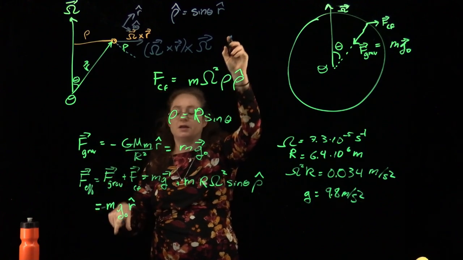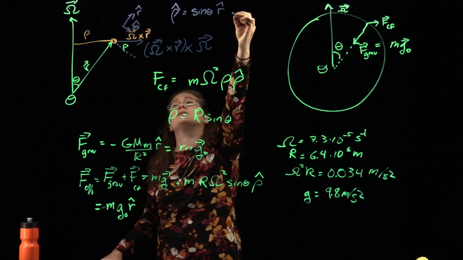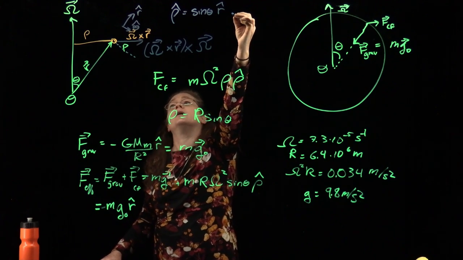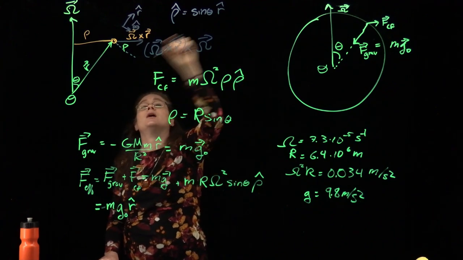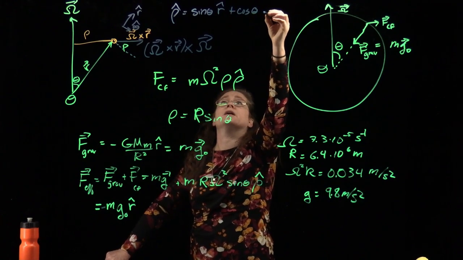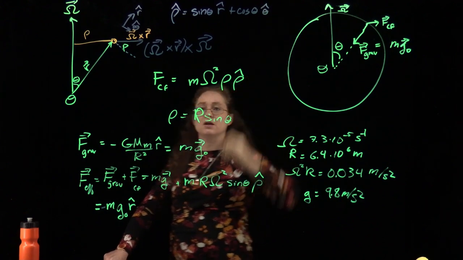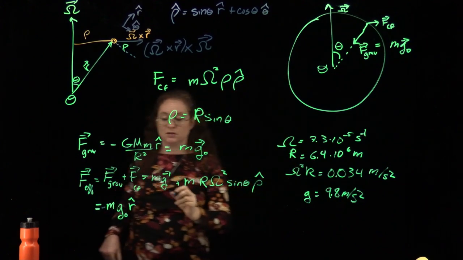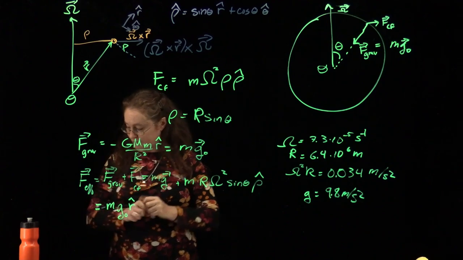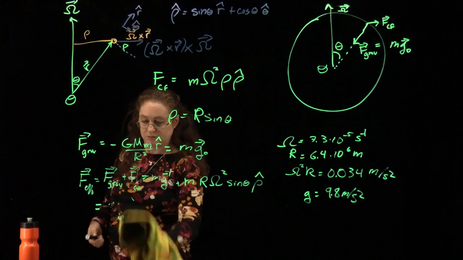I messed up a sign there. So rho hat is sine theta r hat, and it is positive plus cosine theta theta hat. So here, let me collect terms.